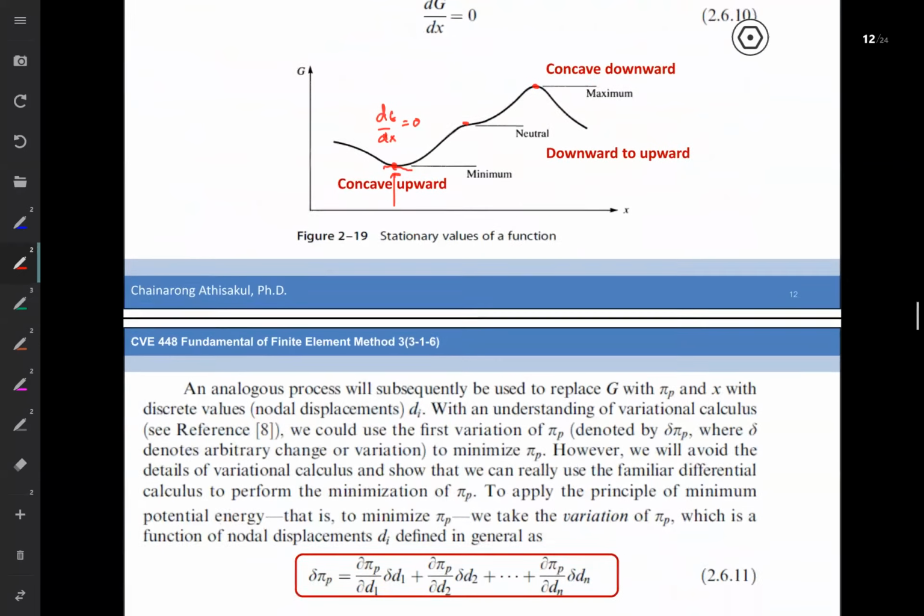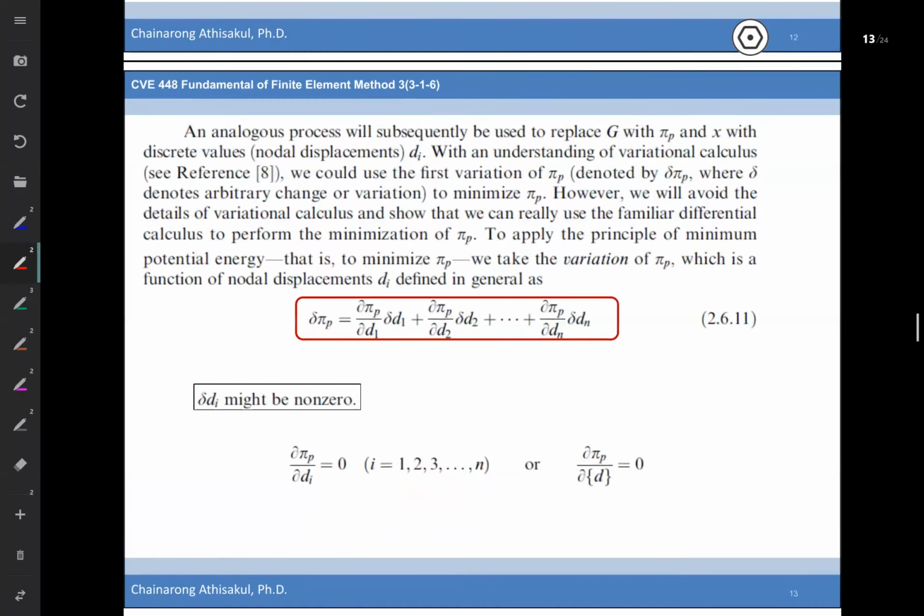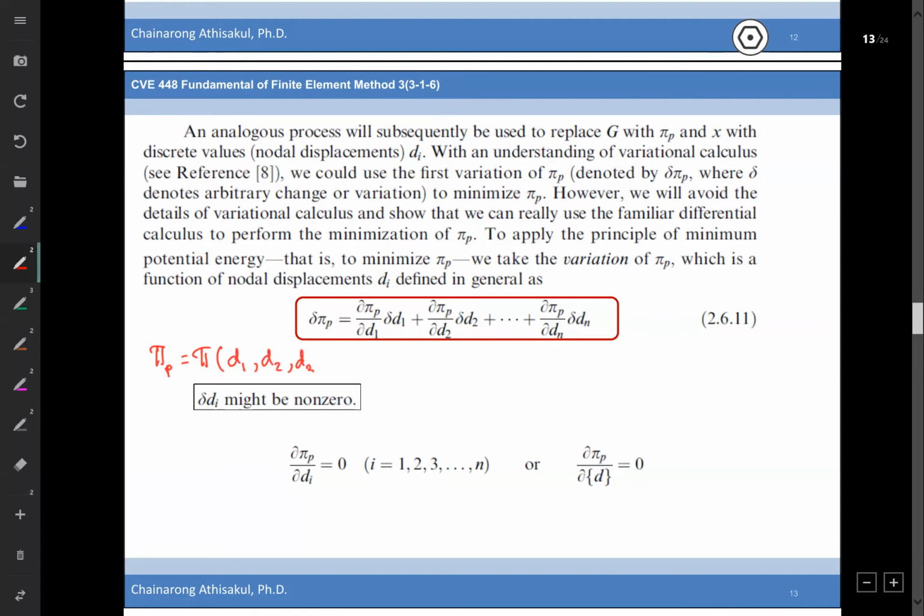So if we come back to the principle of virtual work, written in the form of calculus of variation, we find that pi is a functional, a function of the degrees of freedom d1, d2, d3 and so on until dn.